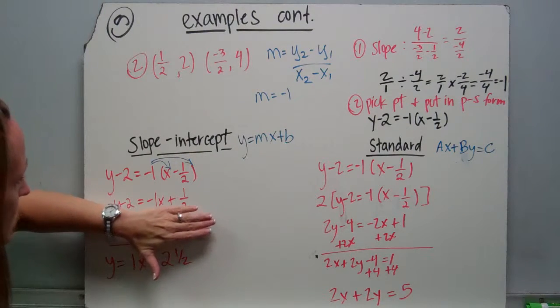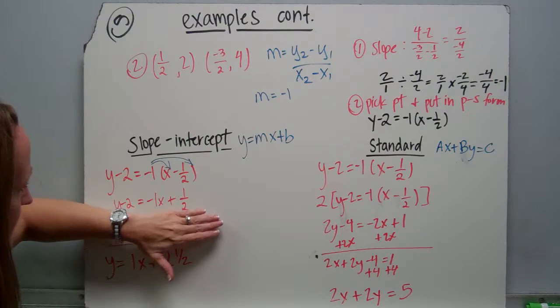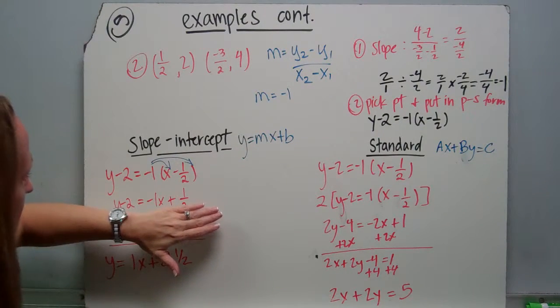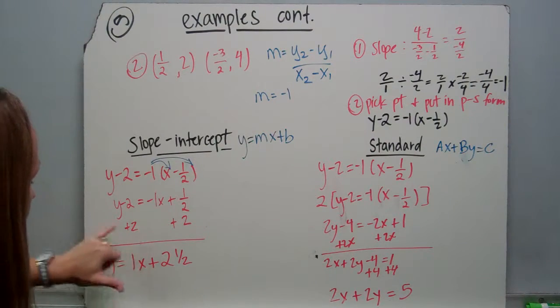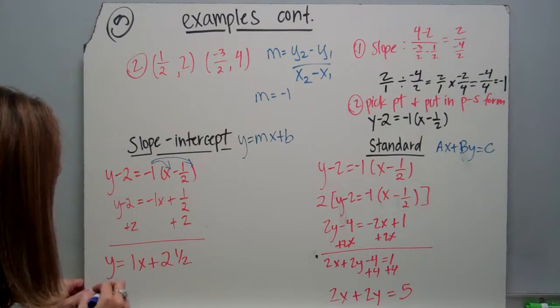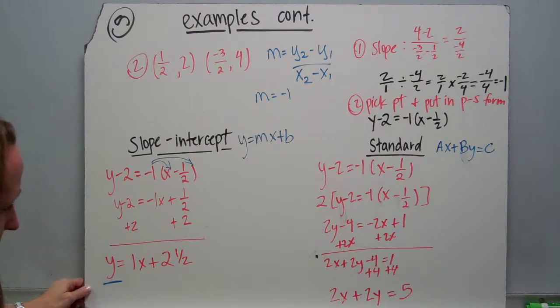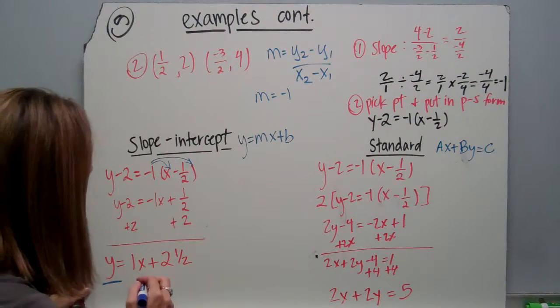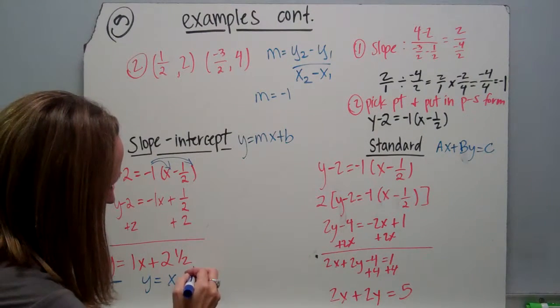So when I distribute it, I'm going to get y minus 2 equals negative 1x plus 1/2. So now to balance it out, I'm going to add this 2 to everything to isolate the y. When I do that, I get y equals negative 1x plus 2.5. Or you could also write it like this.